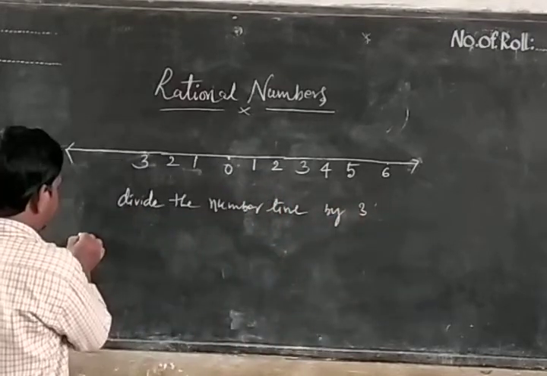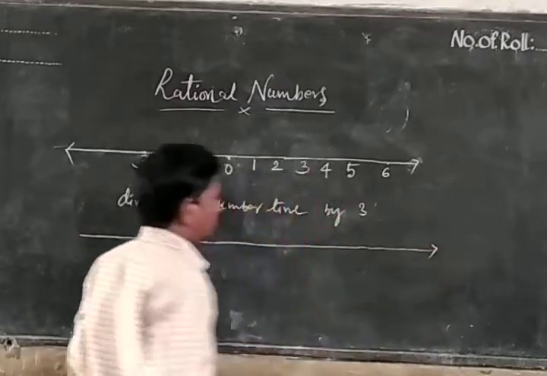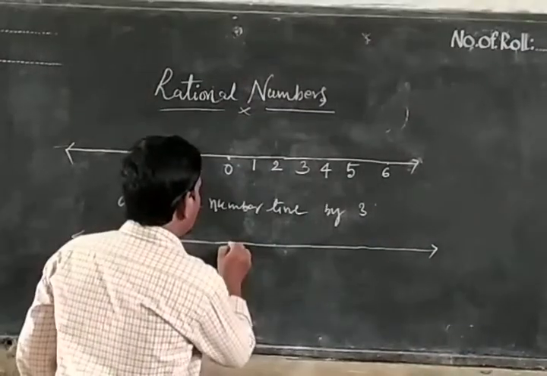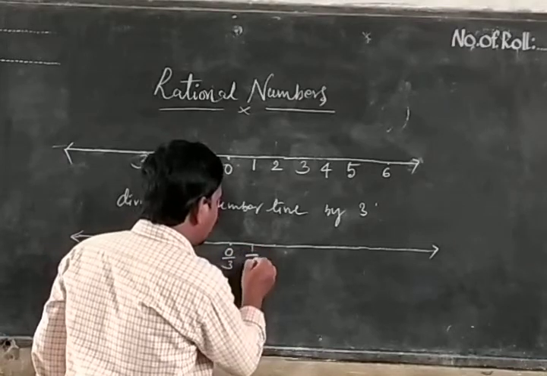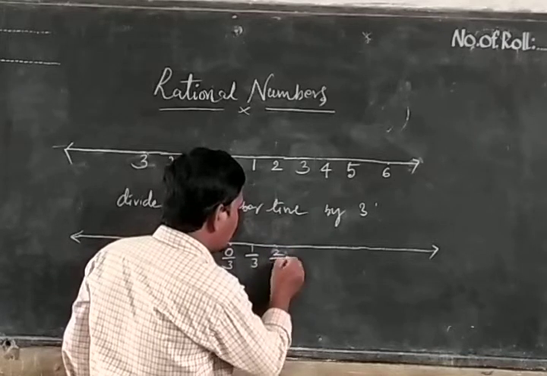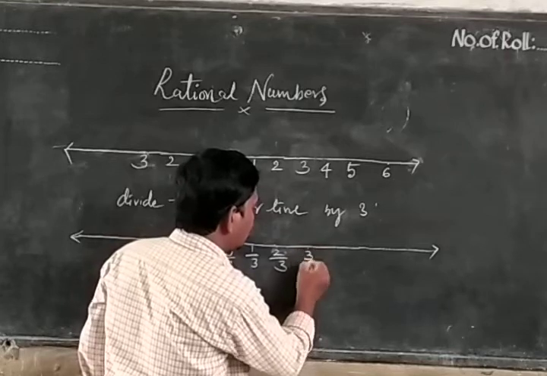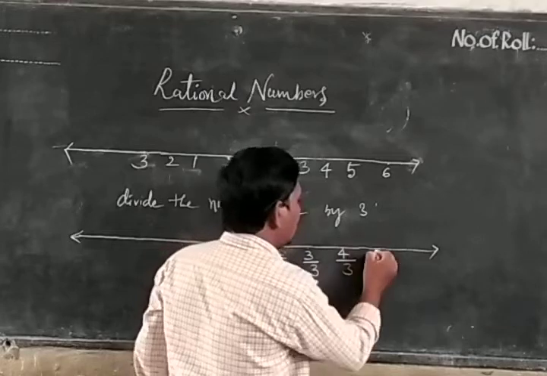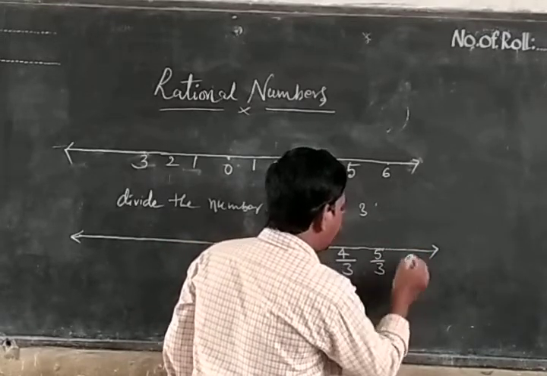Now, 0 by 3, 1 by 3, 2 by 3, 3 by 3, 4 by 3, 5 by 3, 6 by 3.